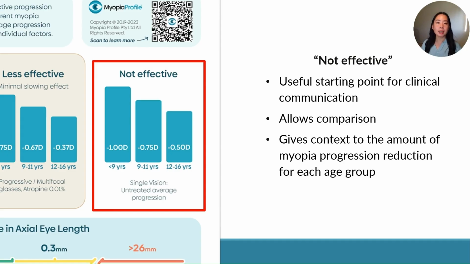So you see here, in a child that is less than 9 years old, you would expect them to have an annual progression of 1 diopter. Progression will slightly slow down to 0.75 diopters per year in children 9 to 11 years old, and then in children 12 to 16 years old, you would expect 0.5 diopters of progression per year.